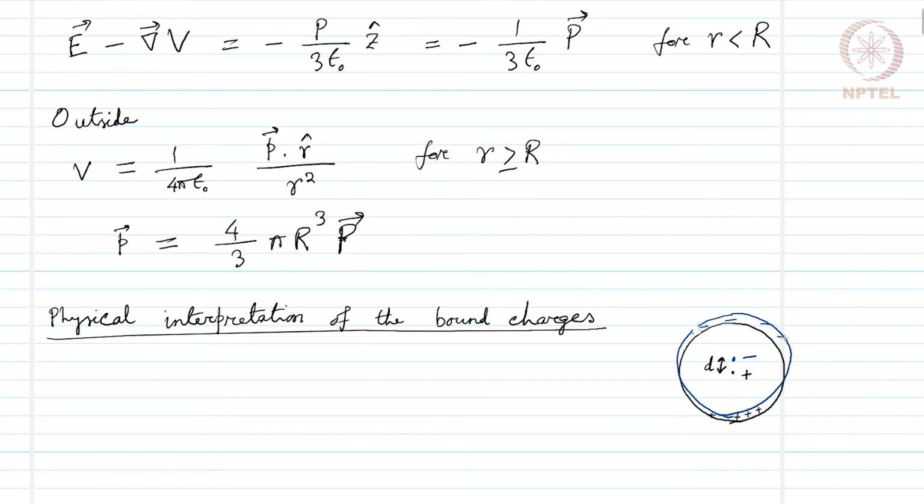And actually these charges that we have drawn at the extremes of this material are the bound charges. Because of the shift of the charge center, the charges inside the material cannot cancel each other properly as they used to earlier. This difference in the charges is the bound charge that we have seen so far in terms of mathematics. Physically we can interpret that bound charge in this way.